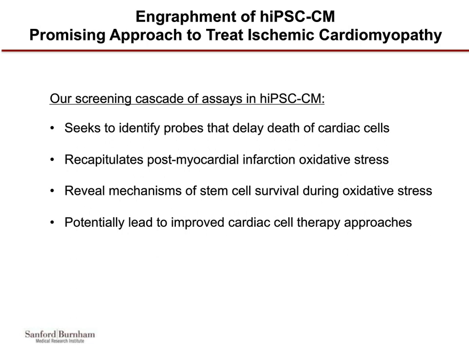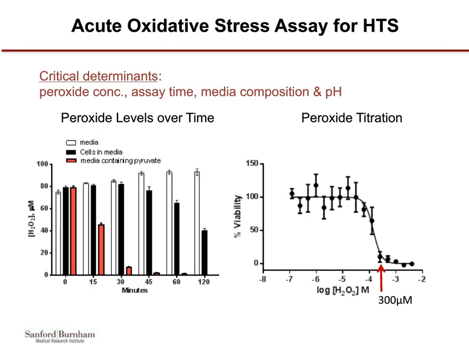Our primary assay is an acute oxidative stress assay for high-throughput screening, and it's relatively straightforward. However, using peroxide and stem cells does prove to be challenging, and so we've implemented a 1536-well platform into a screening mode that has proven to be very reproducible.